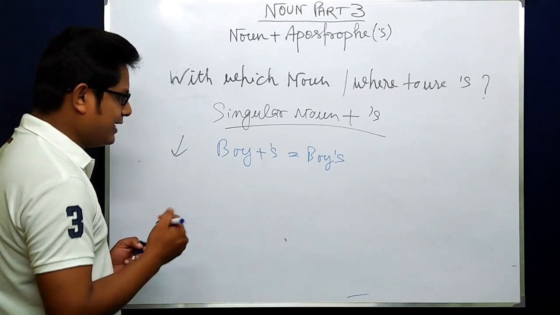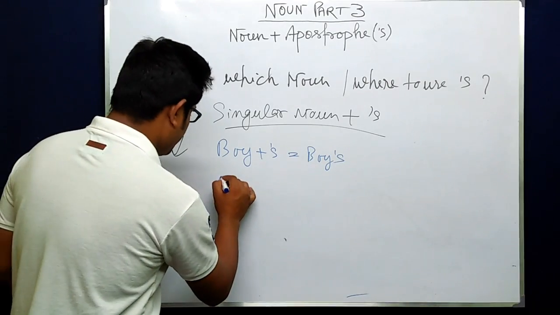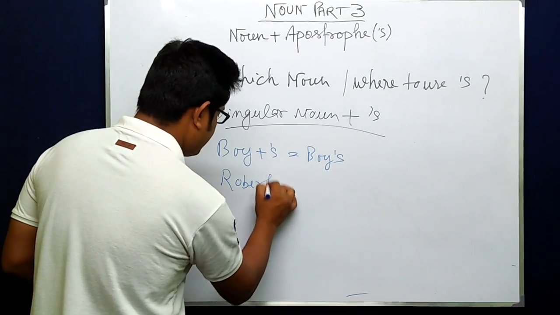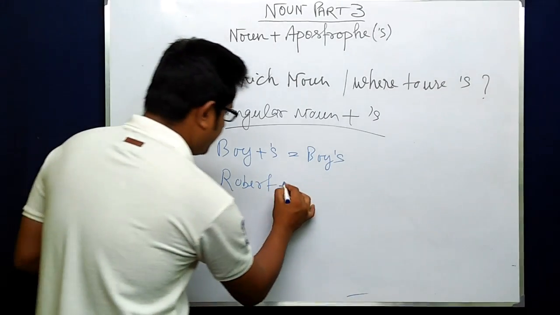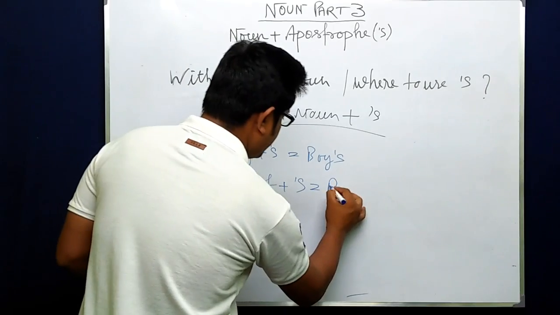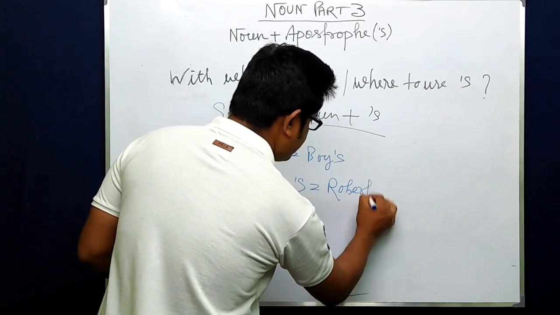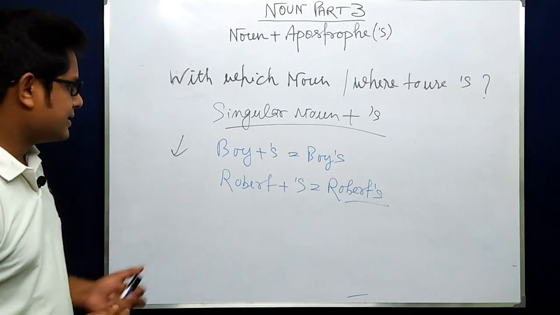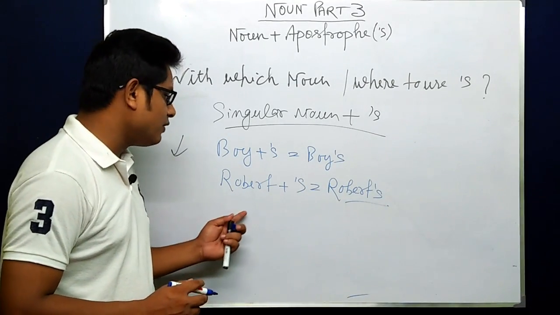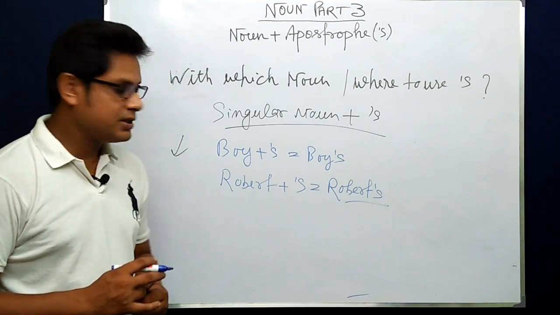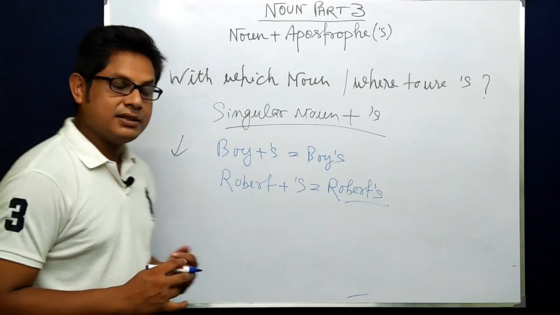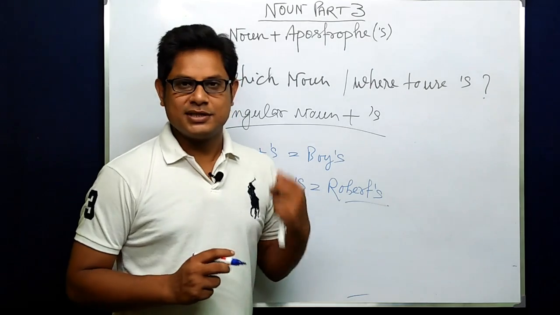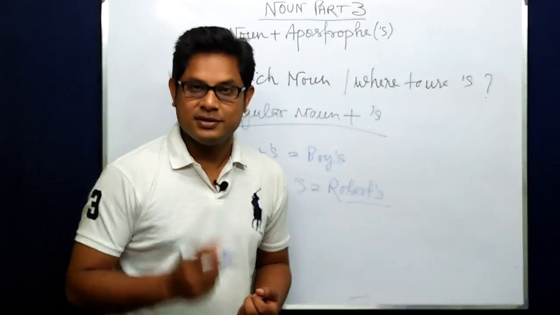Or if you give any name, suppose you write Robert plus apostrophe s, it would be Robert's. Clear? So very easy. Boy plus apostrophe s, boy's. Robert plus apostrophe s, Robert's. It's very easy. But there is an exception when you use apostrophe s with a singular noun. What is the exception? Let me show you.